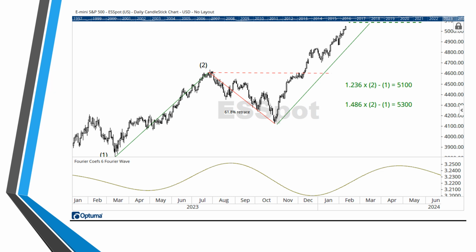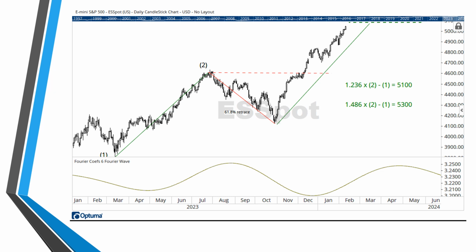Where are we now? I think this morning we're at about 5,040. So when I first started talking about this a few weeks ago, I thought there's no bloody way the S&P is going to get to 5,100. Well, we're damn near there right now. The other thing that you can do is if I take a Fibonacci 1.486 times extension of the March through July rally, that puts me at S&P 5,300.